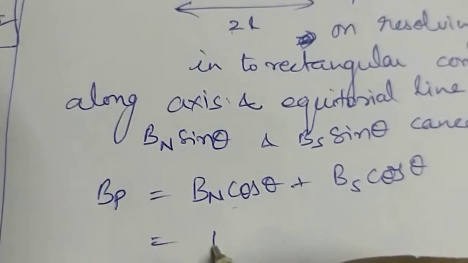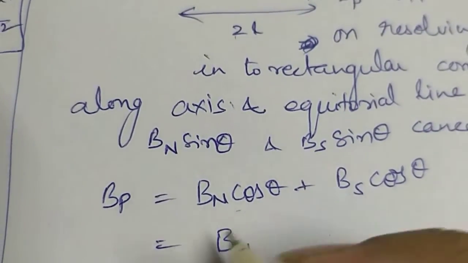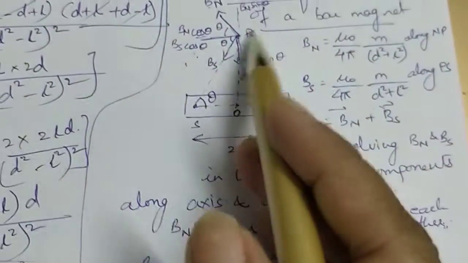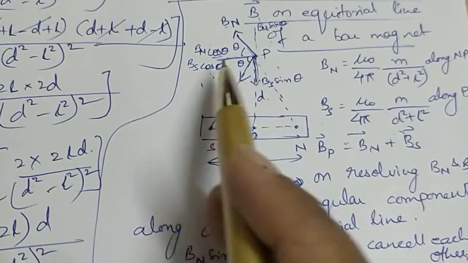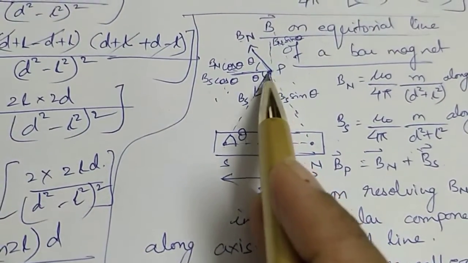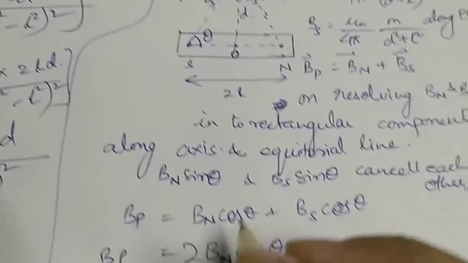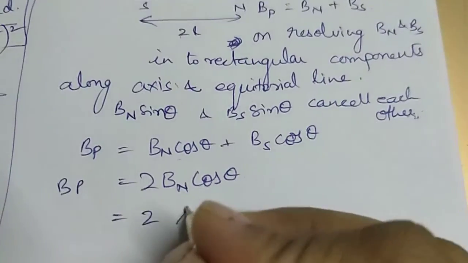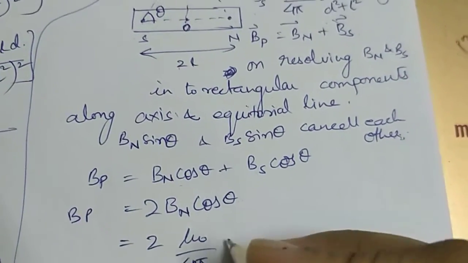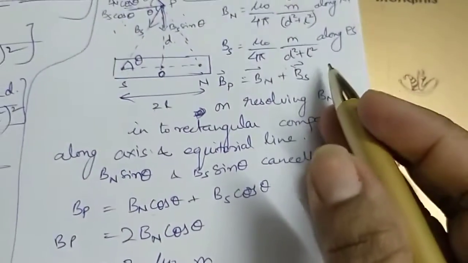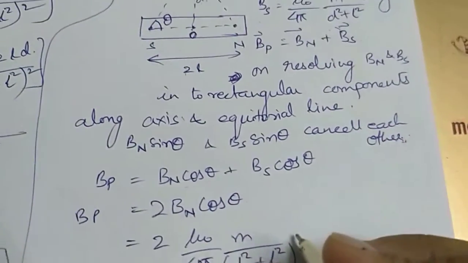Bn and Bs are the same in magnitude, so I can take 2Bn cos theta as BP, and the direction is this side, opposite to the direction of the magnetic moment, which is south to north. Here the magnetic field is opposite to it. So let's substitute the magnitude: 2 mu naught by 4 pi, m upon d square plus l square, the one which we got here, into cos theta.